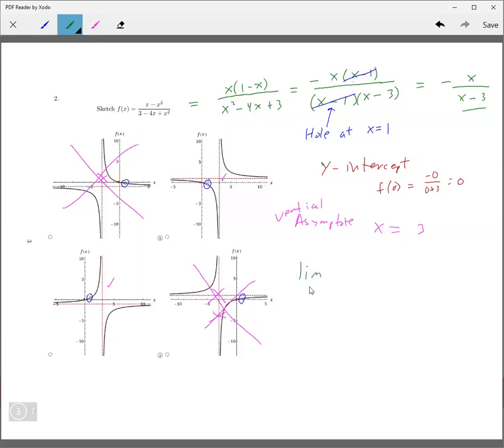Now if you take the limit as x goes to infinity of f of x, we have the limit as x goes to infinity of -x over x minus 3. And that's going to be -infinity. No, what am I doing? All kinds of mistakes. That's -1.